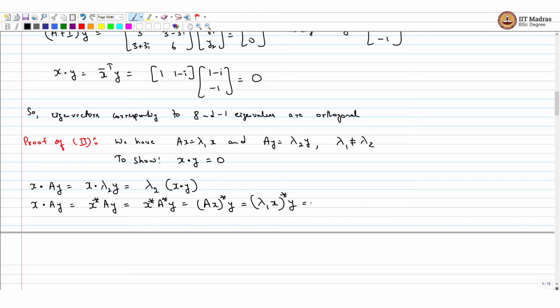But lambda 1 comes out, so it will be lambda 1 bar times x dot y. Now this is equal to lambda 1 times x dot y. Now let me see, because here A equals A star, and here we used lambda 1 bar equals lambda 1 from part 1 because it's a Hermitian matrix.